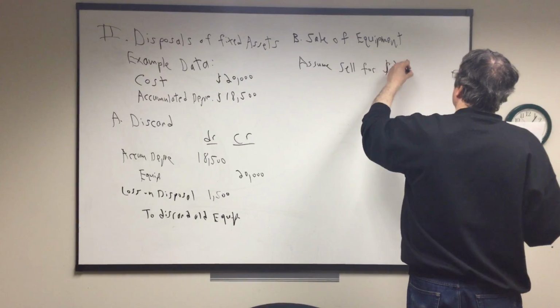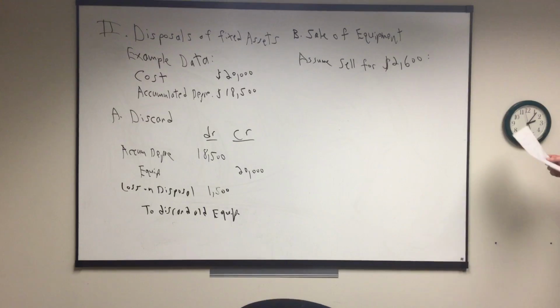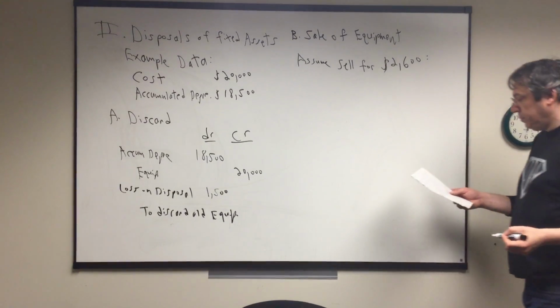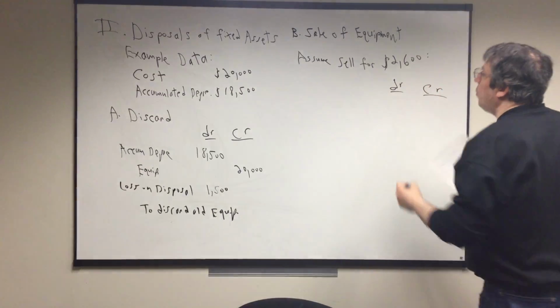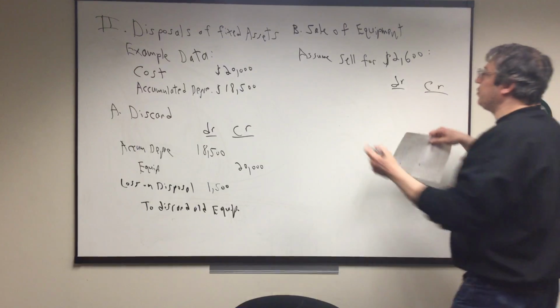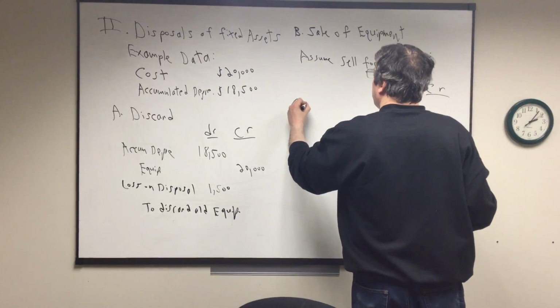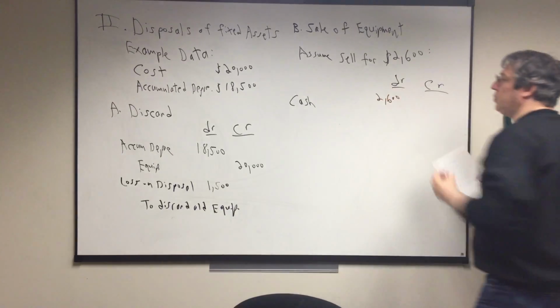All right. So now we want to know how are we going to record this on our books? Well, if we're selling for $2,600, obviously we're getting cash of $2,600, right? So we're going to debit cash for $2,600, right?